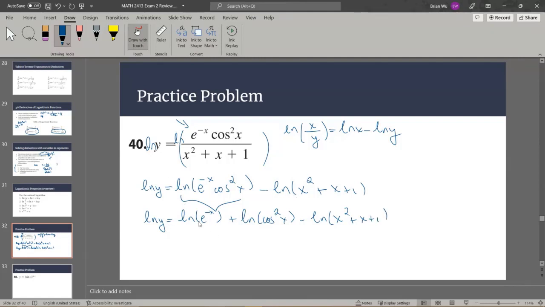And we can further simplify because we know that ln of e will cancel out. We're going to get negative x. This one, we can actually put the 2 outside. So this will be cosine of x. And then this one stays the same.